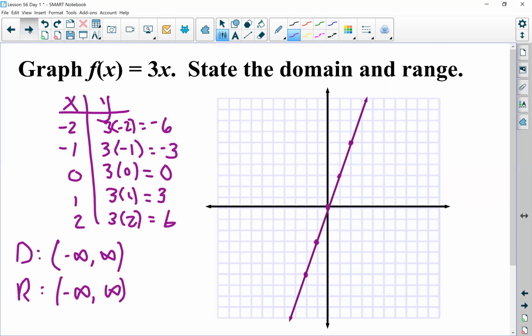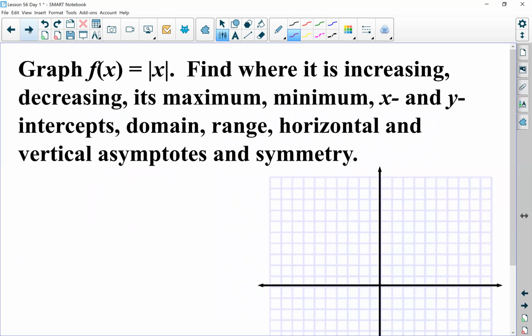The second graph we want to look at is the absolute value of X. So again, those of you who were in intermediate algebra 2 as a 9th grader, we did a lot of work with absolute value of X. Again, we want to talk about where this is increasing, decreasing, where it has its maximum, its minimum, X and Y intercepts, domain, range, if it has any asymptotes, and symmetry.